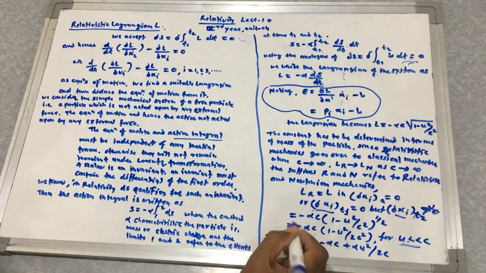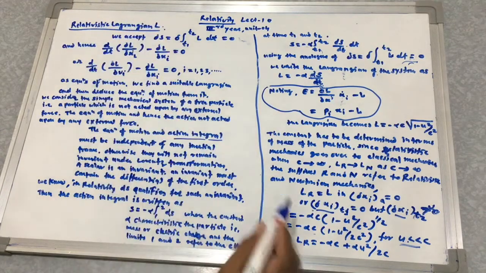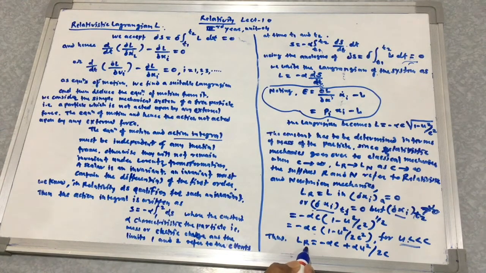Then Lr, the relativistic Lagrangian, can be defined: Lr is equal to minus alpha c plus alpha u square upon 2c. This is the equation. This is the relativistic Lagrangian.